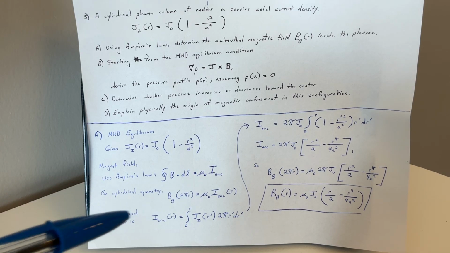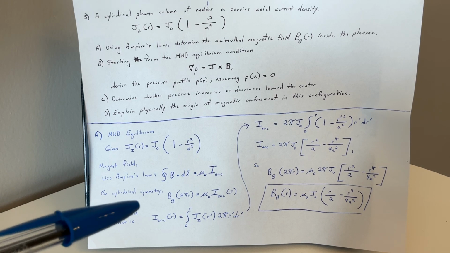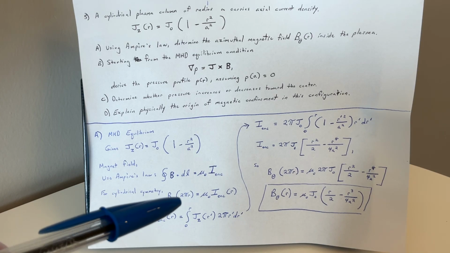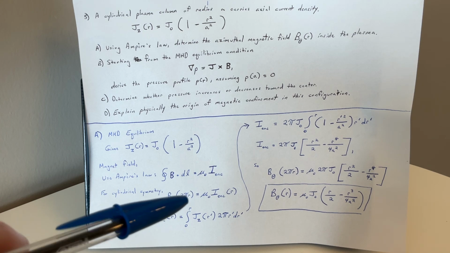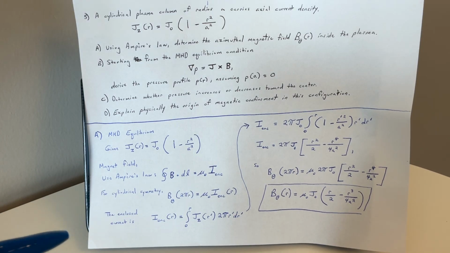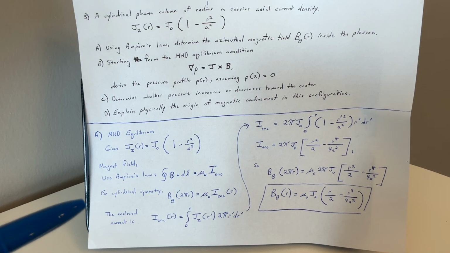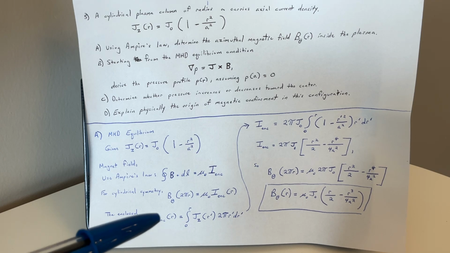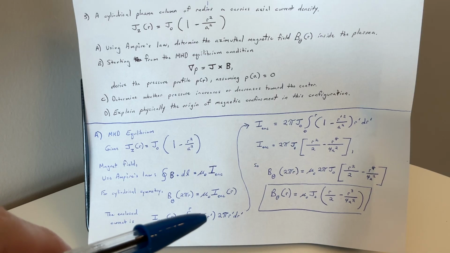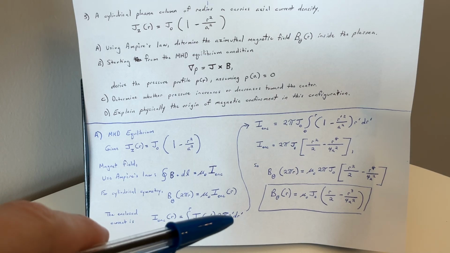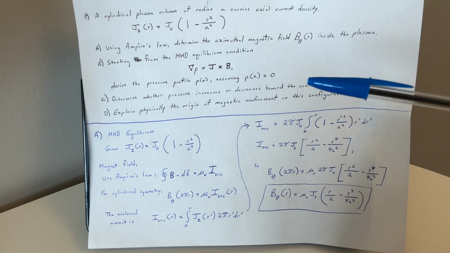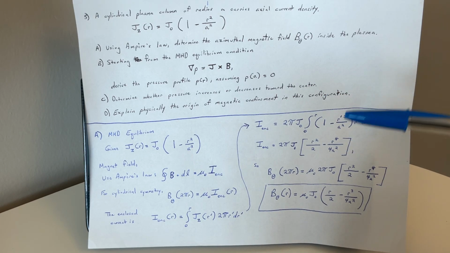All right, there's Ampere's law. And luckily, for cylindrical symmetry, B sub theta times 2 pi r equals mu naught I sub enc of r. The enclosed current, I sub enc of r, is going to equal the integral from 0 to r of J sub z of r prime, 2 pi r prime, dr prime.